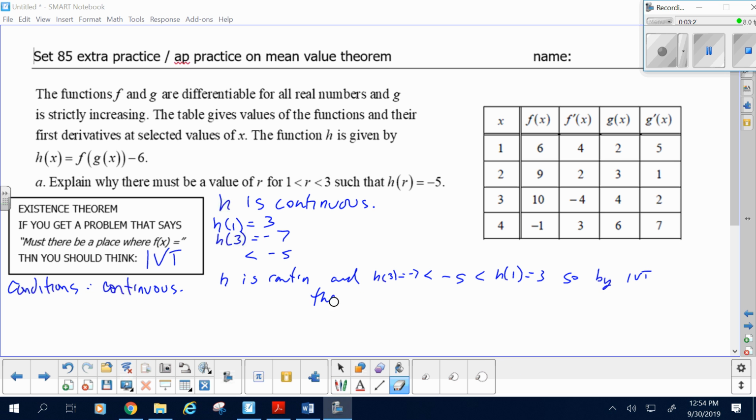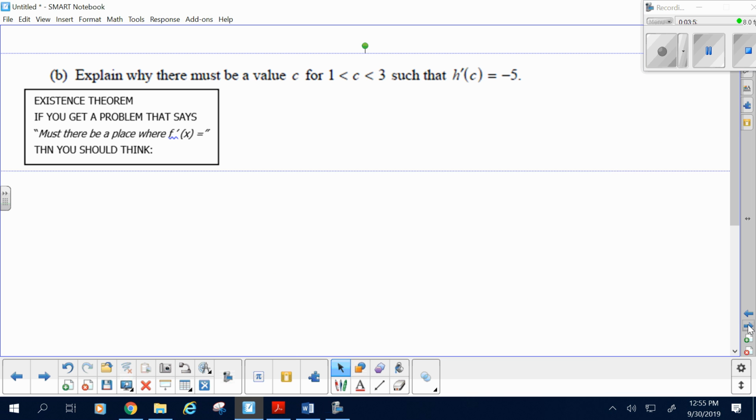Is this about what you did? There is an R where H of R is -5. Is that about good? Okay. They would look for continuity, they would look for establishing the endpoints, and the point they ask about is between, and then some kind of reference to IVT. All right, go to the next one.